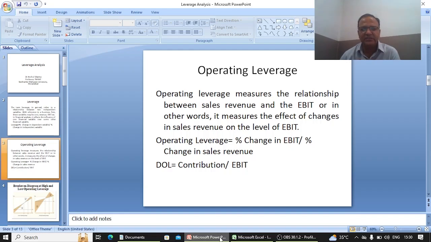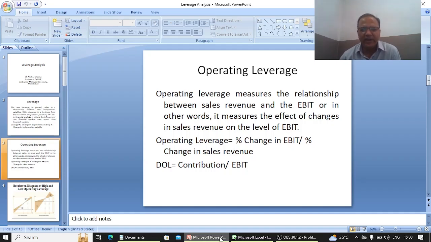In another sense, we read leverage as the amount of debt used by an organization. And if you are talking about operating leverage, it means to operate the business, an organization is using some amount of debt. This is the operating leverage.